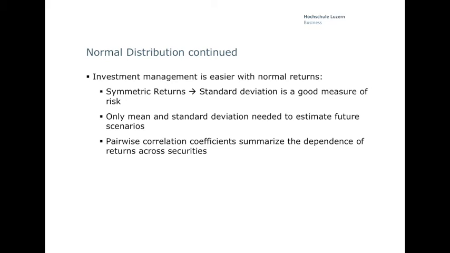Second, the normal distribution belongs to a special family of distributions characterized as stable. Third, scenario analysis is greatly simplified when only two parameters, mean and standard deviation, need to be estimated to obtain the probabilities of future scenarios.